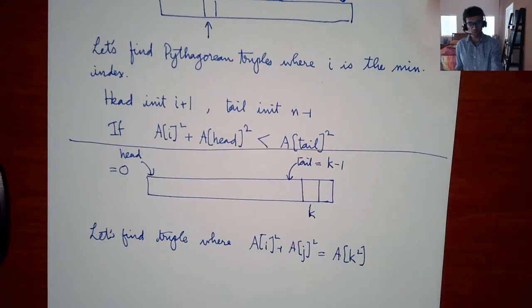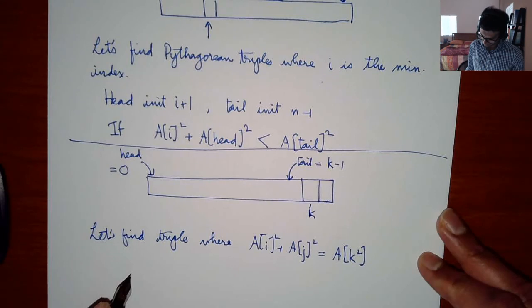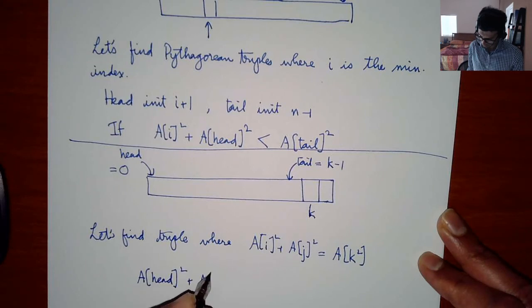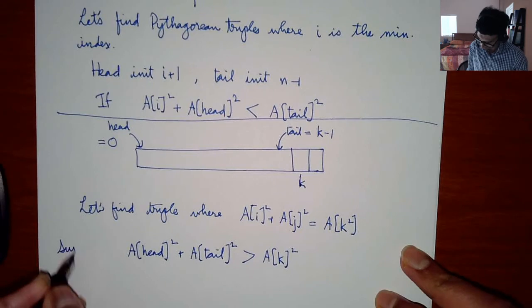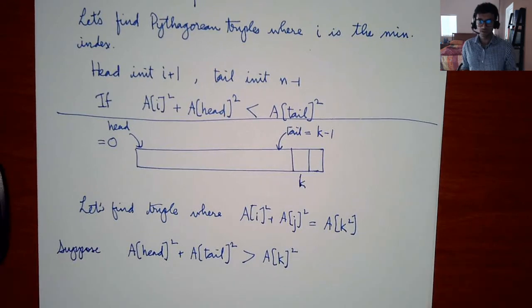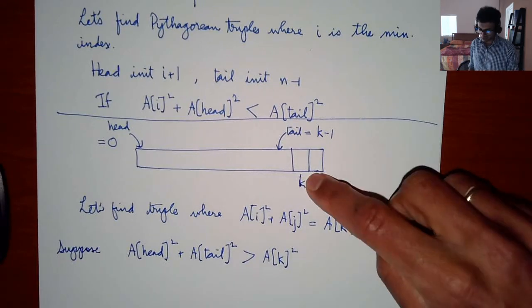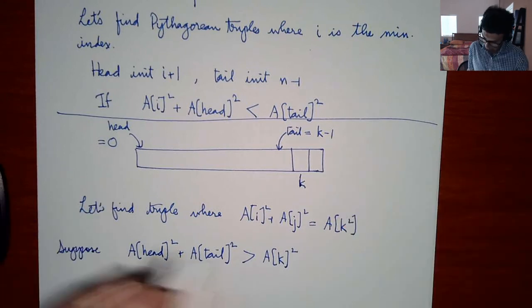Okay, so sorry, ignore what I did earlier. So let's say A_head squared plus A_tail squared was more than A_k squared. Suppose. Then what should you do? So you're fixing k. So k is fixed.